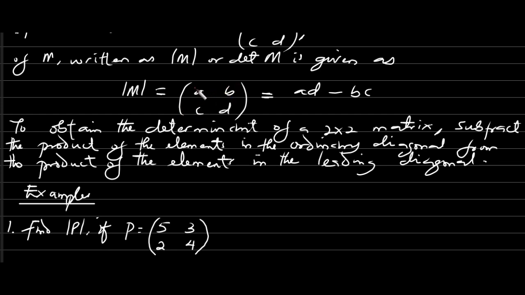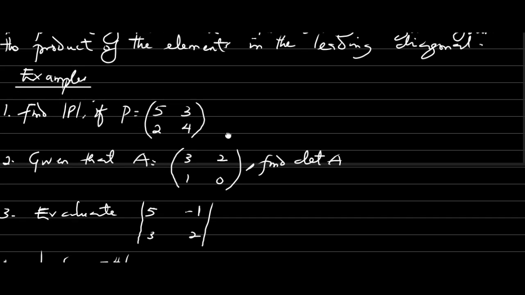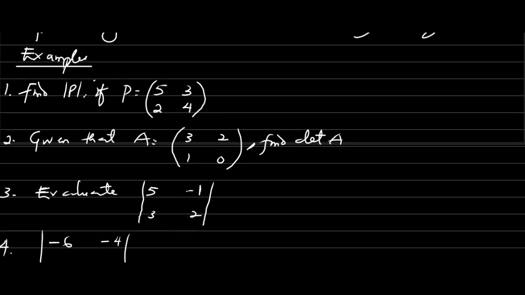Don't forget that I already said that A and D, this diagonal, is known as the main diagonal or the leading diagonal. All right, so to have the determinant of the 2 by 2 matrix, you need to find the products of the diagonals and subtract from each other.